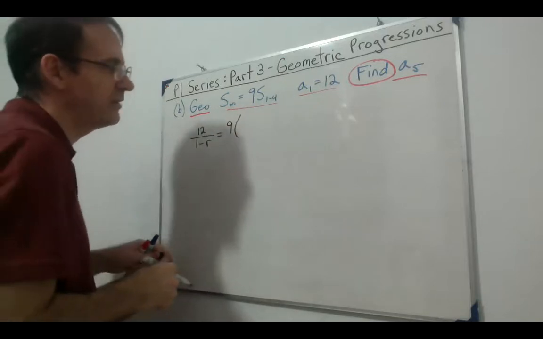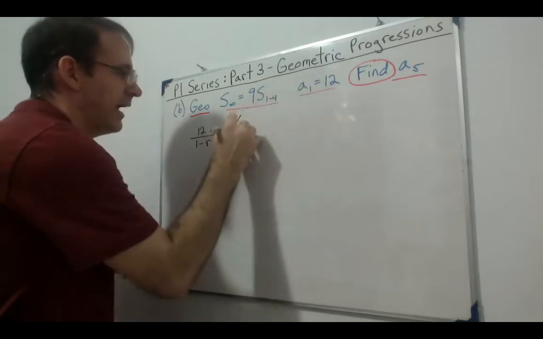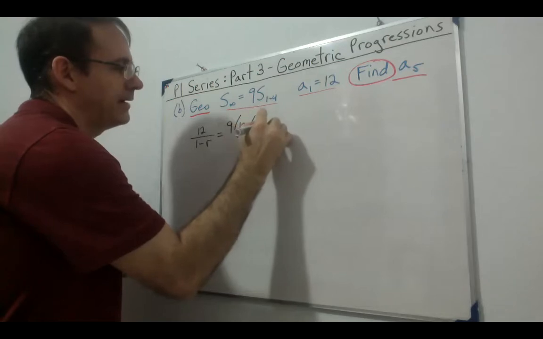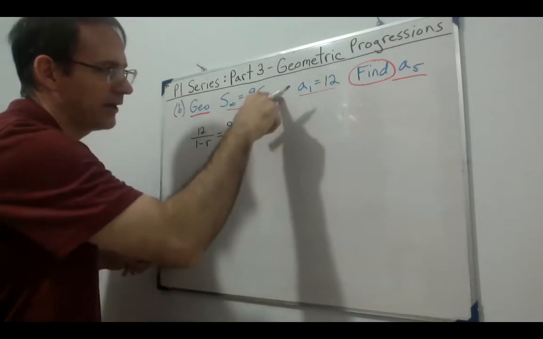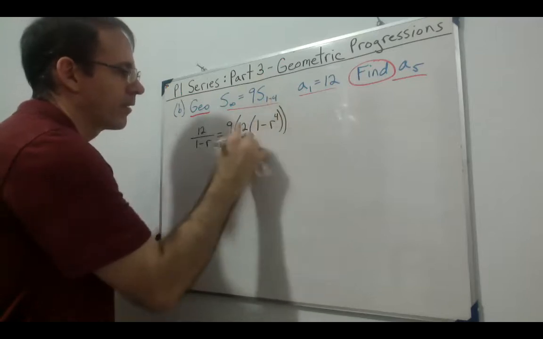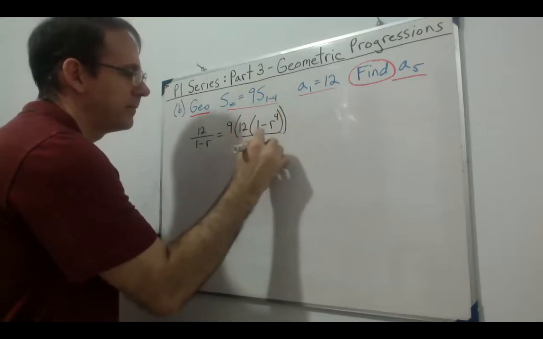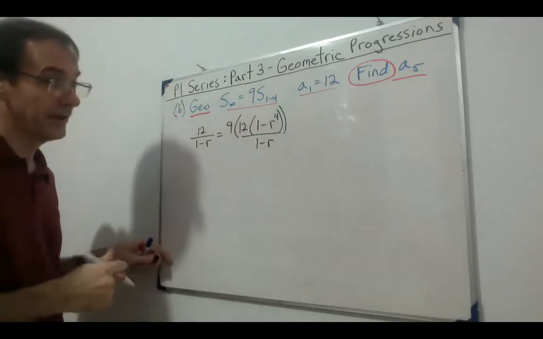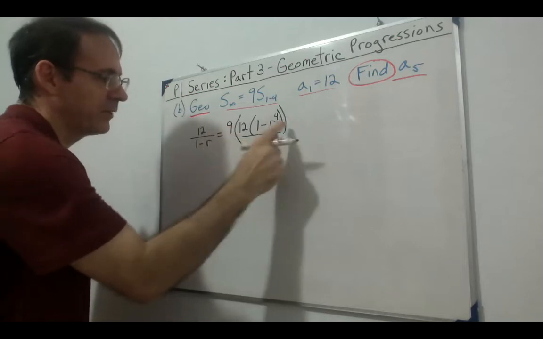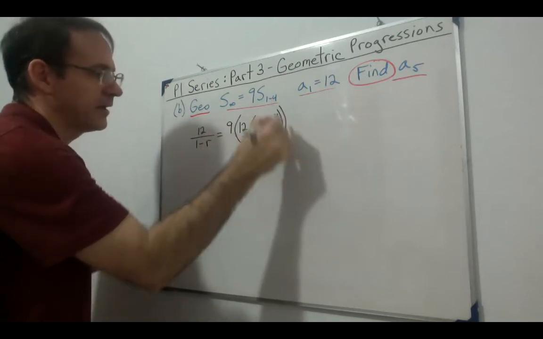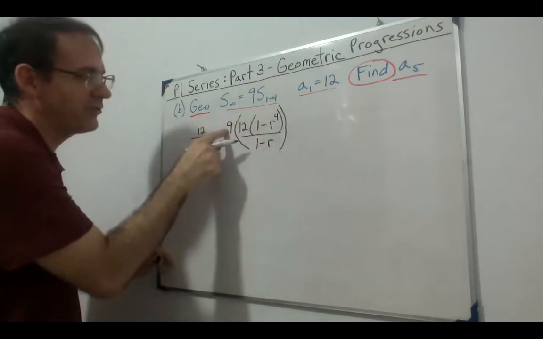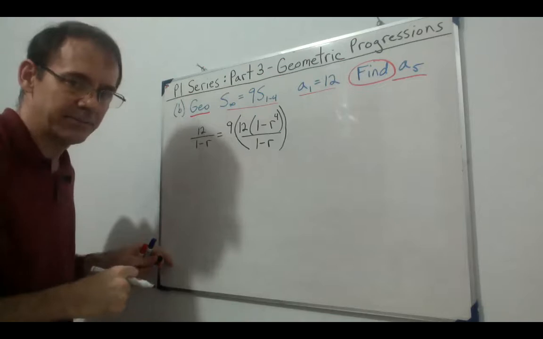So the sum of 1 to 4 is first A1 times 1 minus R to the N. Well, our N is 4 over 1 minus R. Okay, so in the big parenthesis is our sum to 4 terms, and outside is this 9 times that.